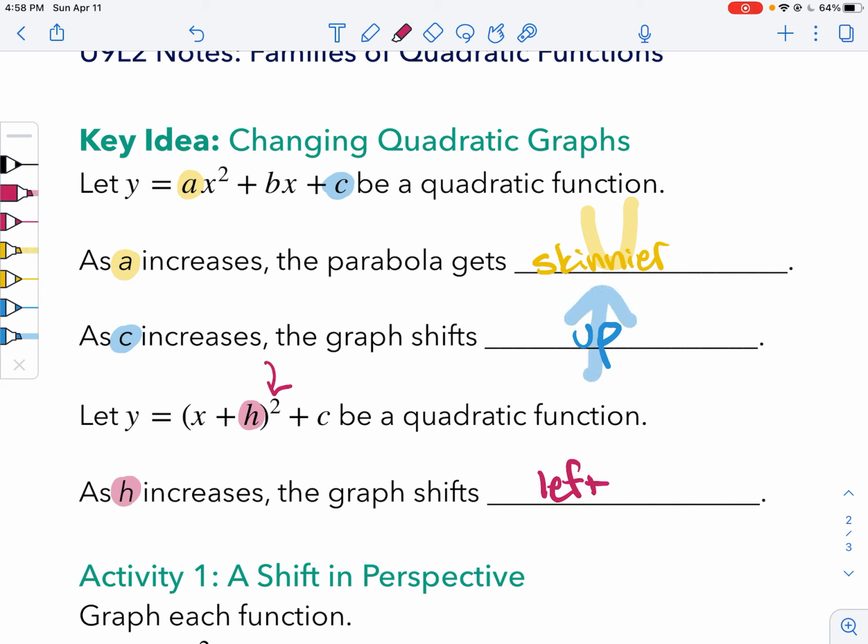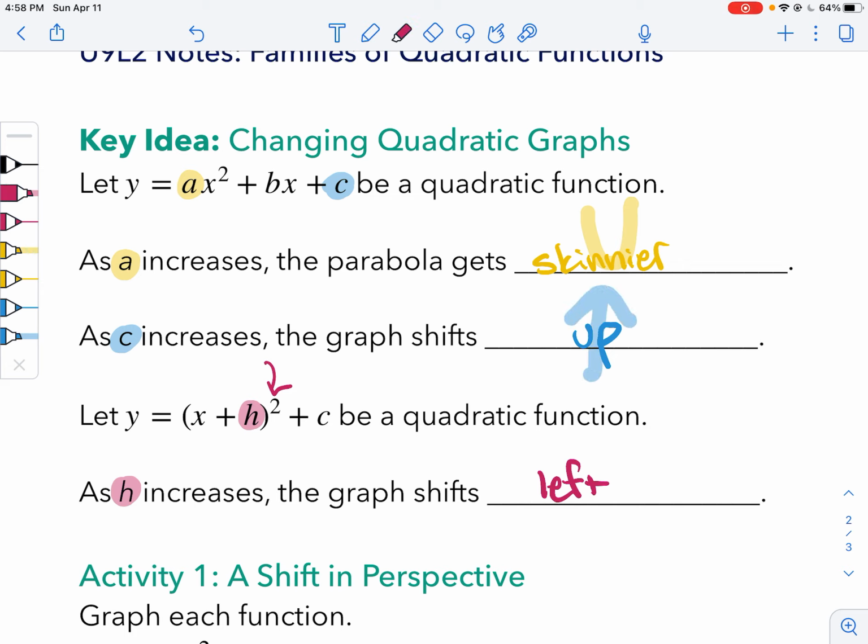If you don't remember the shortcuts, you can always, 100% always, just make an XY table, and that's totally fine. If you forgot what parabolas look like, that's fine. So for a normal parabola, we plug in x.